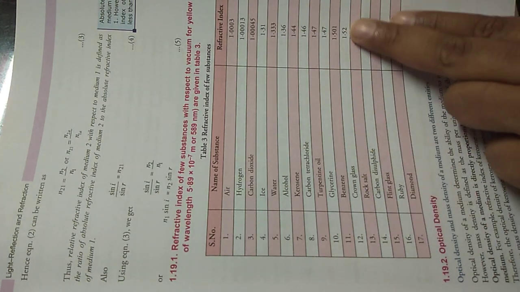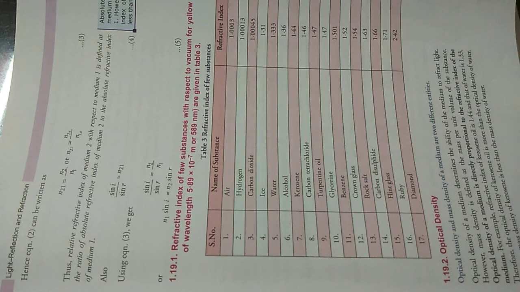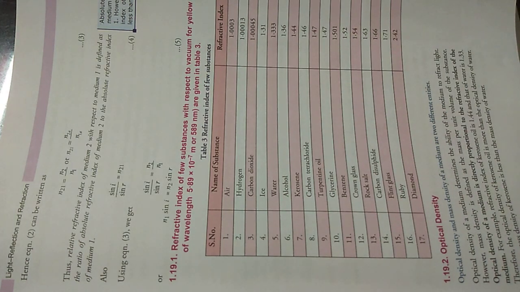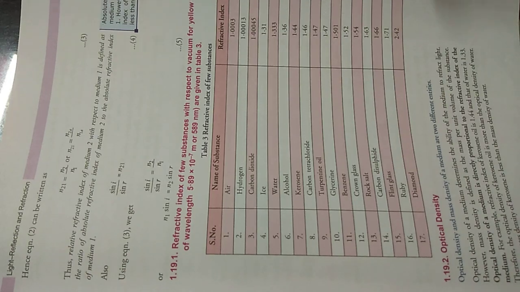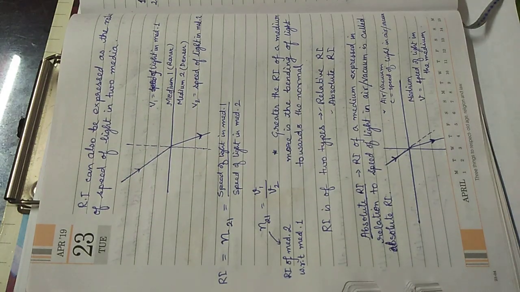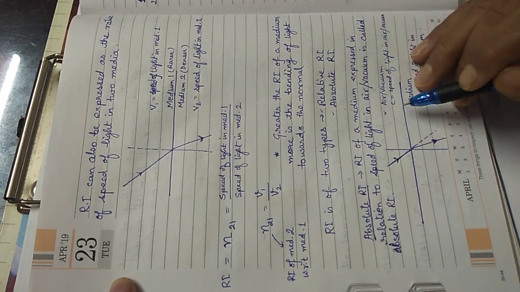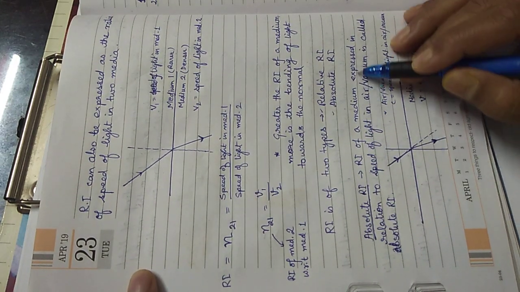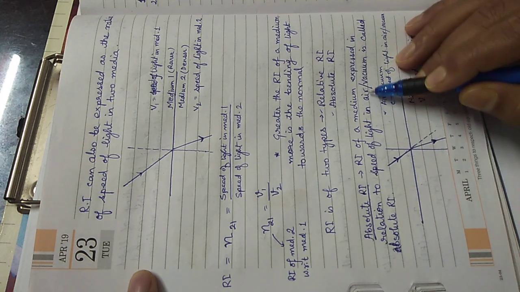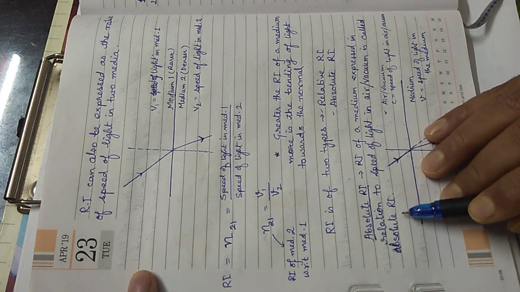Glass is given as 1.5, so it is the absolute refractive index of glass with respect to air or vacuum. Whenever we talk about absolute refractive index, it is with respect to air or vacuum. So the refractive index of a medium expressed in relation to the speed of light in air or vacuum is called absolute refractive index.